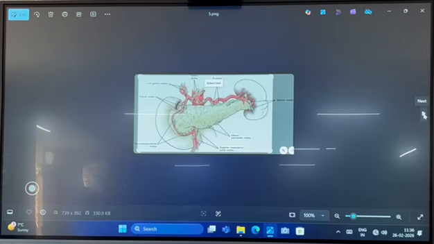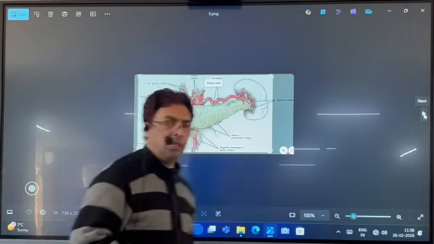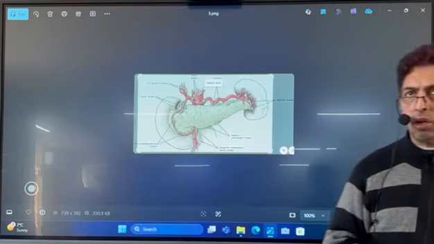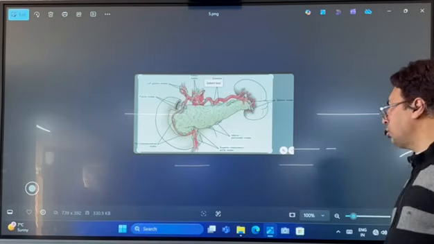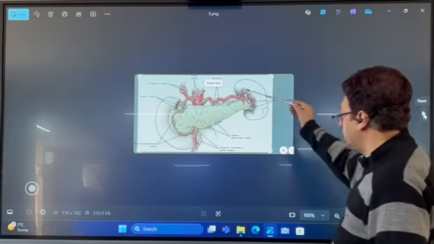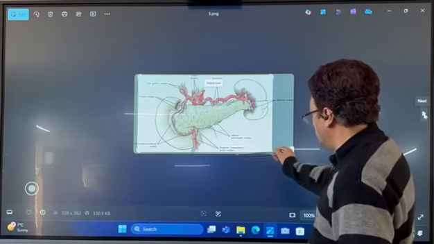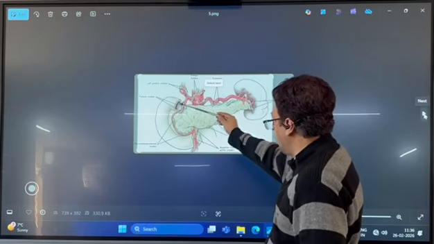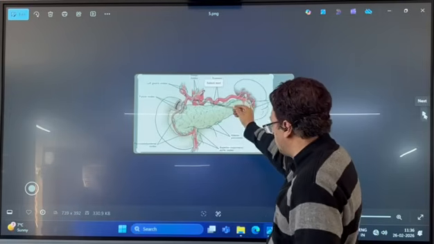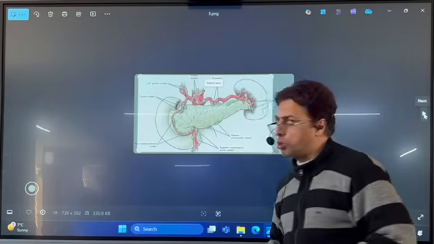Now, as far as the lymphatics of the pancreas are concerned, there are many groups of lymph nodes which surround the pancreas. As you can see over here, we have the superior pancreatic nodes, the inferior pancreatic nodes, the superior mesenteric aortic nodes, the pyloric nodes, the left gastric nodes, the celiac nodes, and the pancreatico-duodenal nodes.